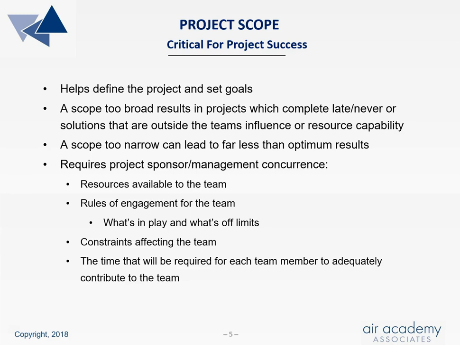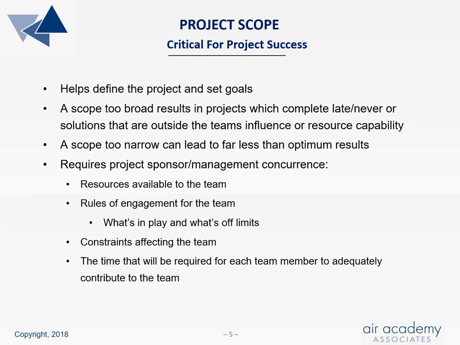Many times a project that is too largely scoped can be actually made into several projects. By properly selecting the measurements that the project seeks to change in the positive direction, this type of mistake can be avoided. On the other hand, a project that is too narrowly scoped can result in a solution that is less than optimum.